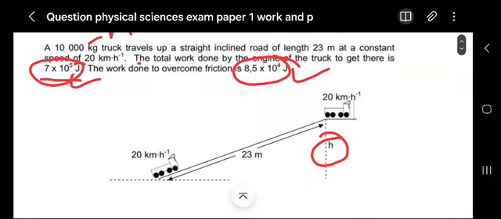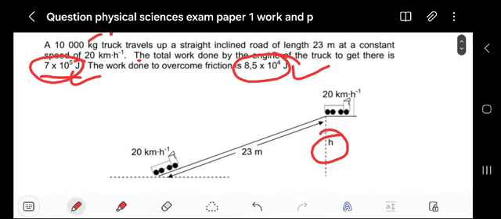For WNC, remember the force of the engine is applied in that direction and causes the truck to propel, right? Here is the force of the engine. Then we have the work of the friction, which is 8.5 times 10 to the power 4. We know the friction always acts on the opposite side.